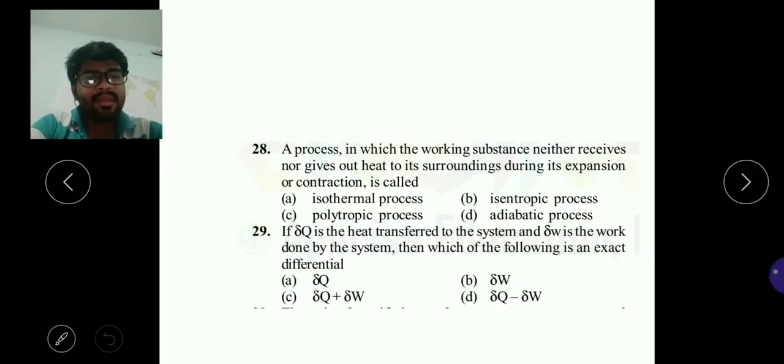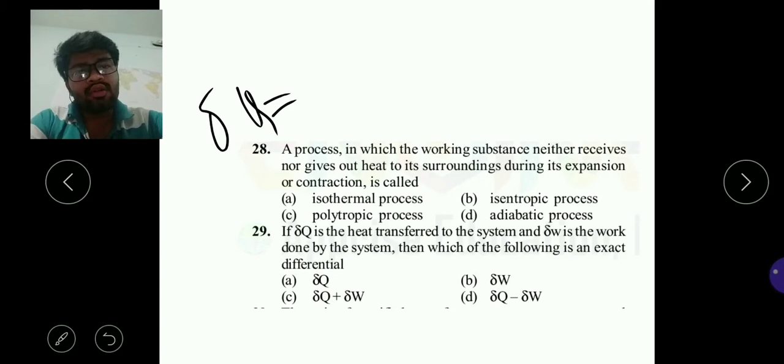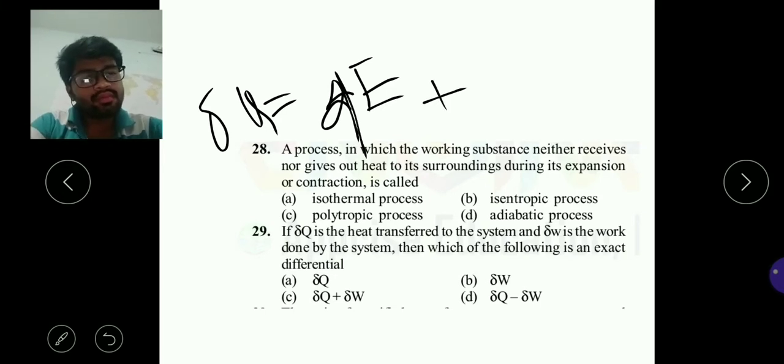If del q is the heat transfer to the system, and del w is the work done by the system, then which of the following is the exact differential? From the first law, del q is equal to dE, or dU you can write, plus del w.